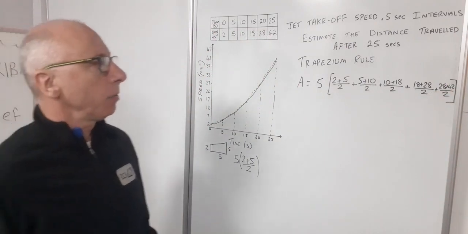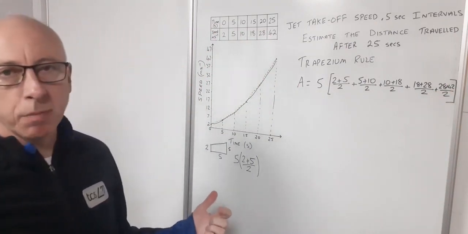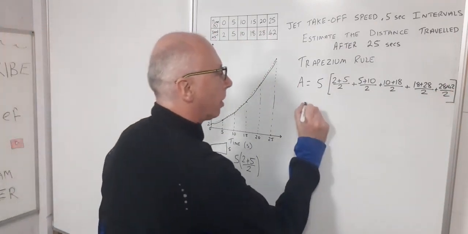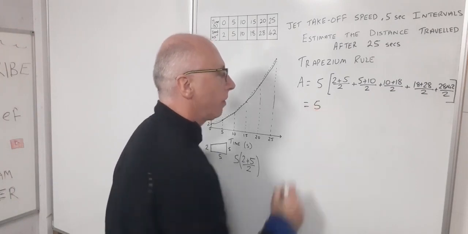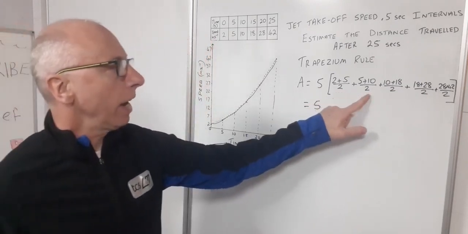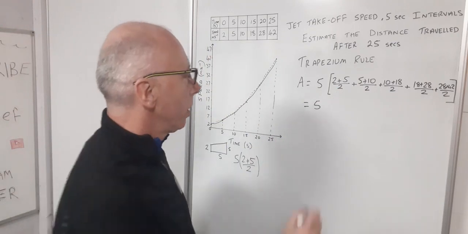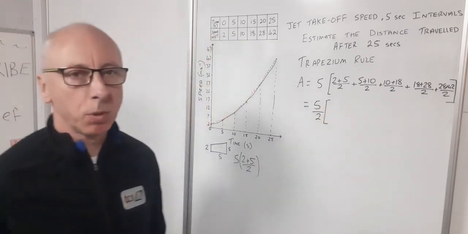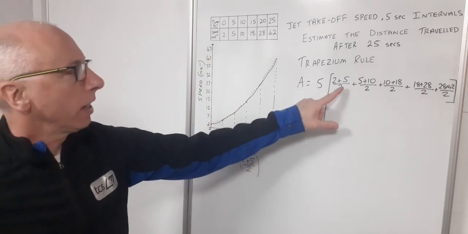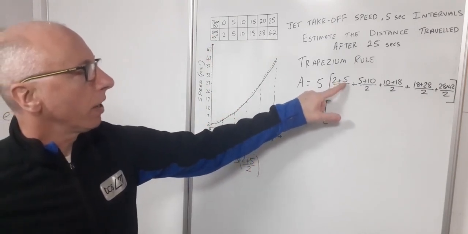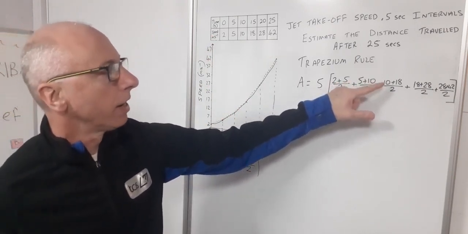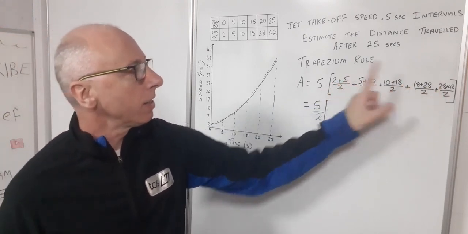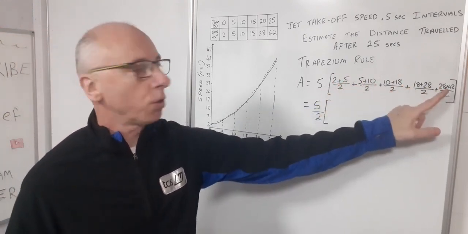Okay, now we need to try and calculate this, or try and simplify it. So we keep our multiple of 5. Now we notice here everybody is divided by 2, so we can bring that out and bring 5 over 2 as our multiple. Now you'll see here we've got 2 plus 5 plus 5 plus 10 plus 10, so all the middle numbers, except for the outer 2, are twice.